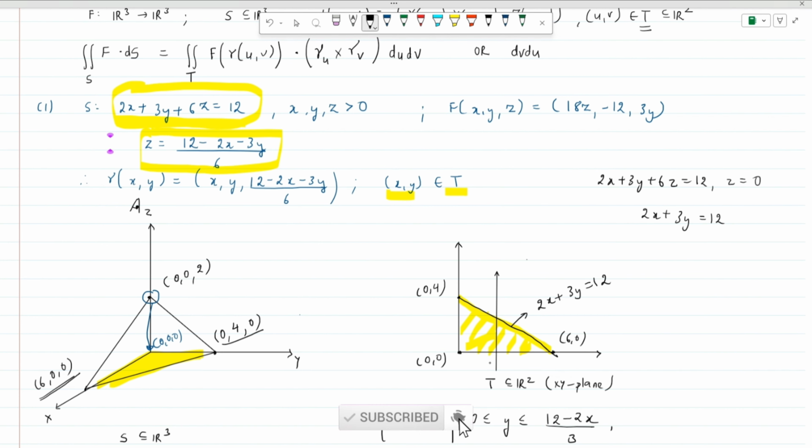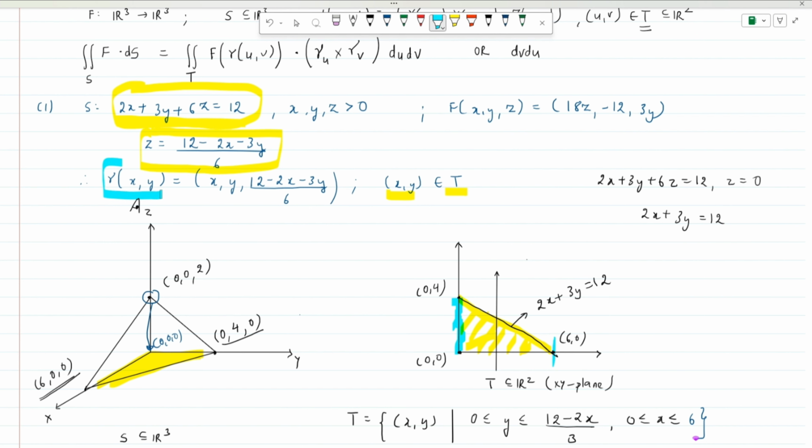And this reference line can move from the y-axis, so the lower limit is going to be 0 for x, while it could maximum reach here, and here you can see x takes the value 6, so the upper limit of x is going to be 6. So this is the region T, which will give us the required limits for integration.